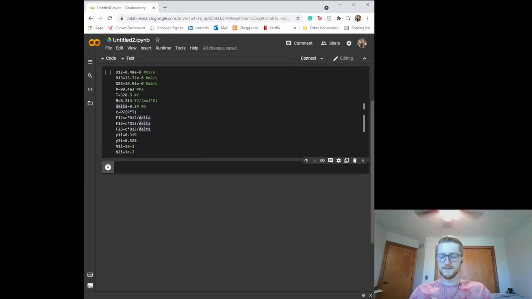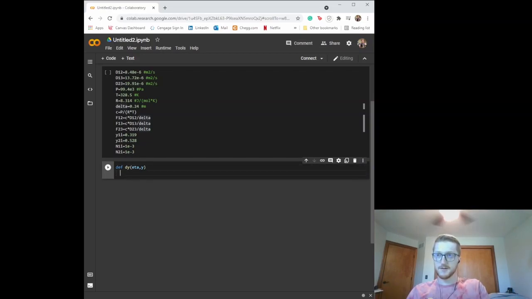So now what we want to do is define a function, we'll call it dy, with the independent variable eta, which to remind you is z over delta, ranging from 0 to 1, or from 0 to 0.24 meters in this case. And then we also want to define our dependent variable of y. To make it a little bit easier on me so I don't make any typos, we want to define y1 as the first element in the array, which, to remind you guys, in Python, your indexing starts at 0.